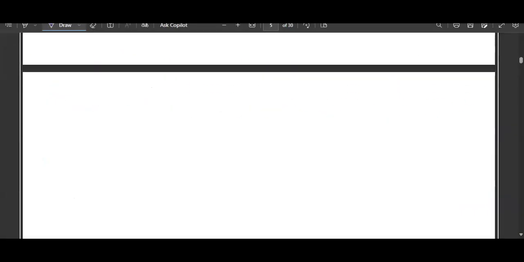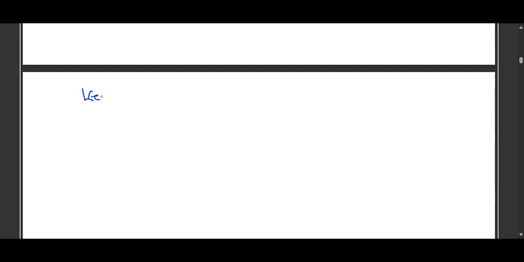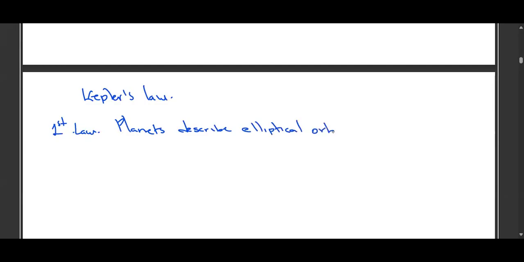So the first law of Kepler: planets describe elliptical orbits with the sun at one focus. That is the first law.